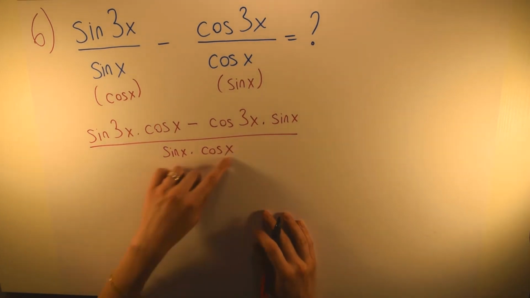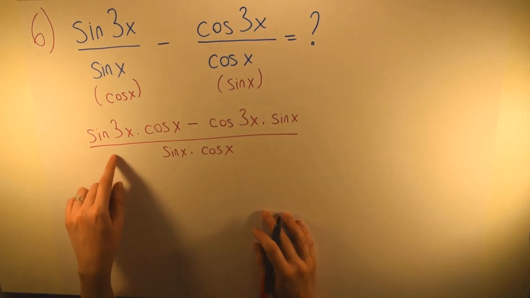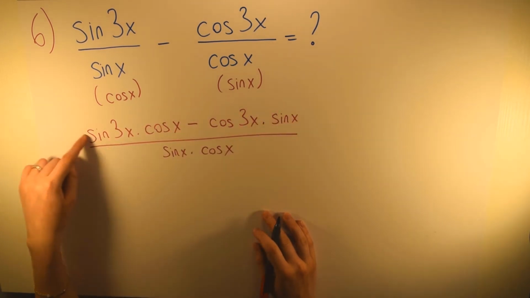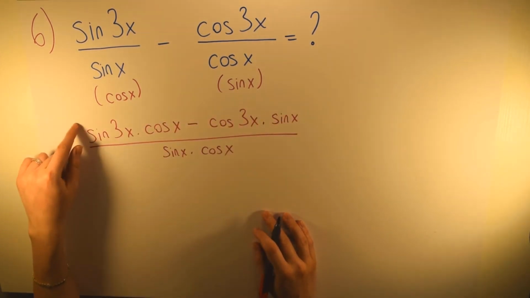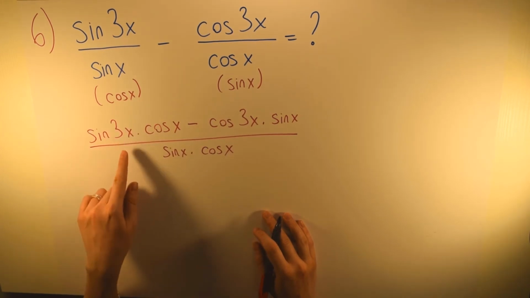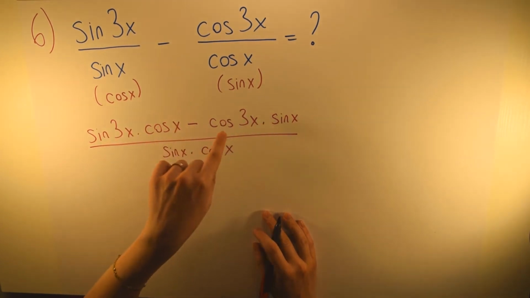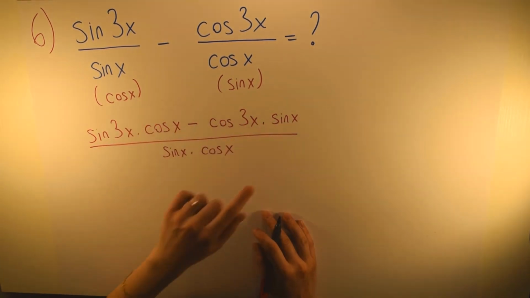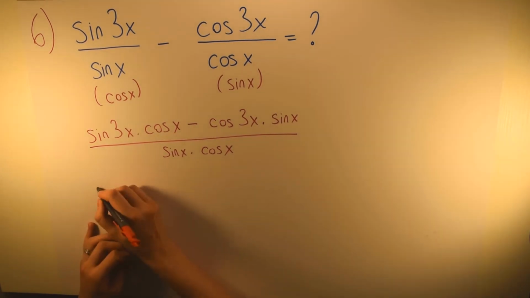So here, did you remember anything? When you look at this numerator, you should remember from the sum and difference formulas. This is, you see, 1 sine, 1 cosine, minus 1 cosine, 1 sine, right? How was it? It was like this.